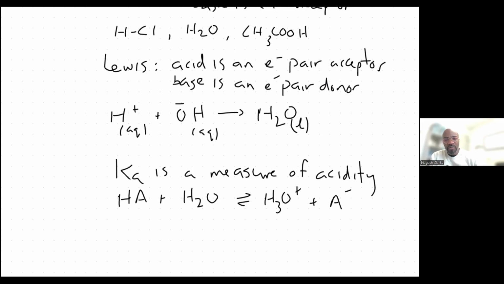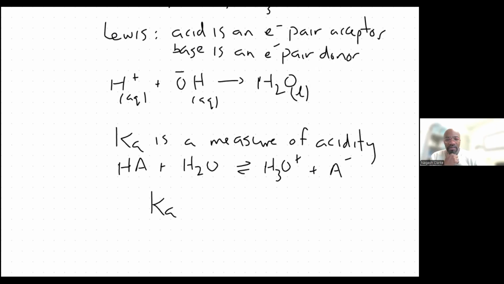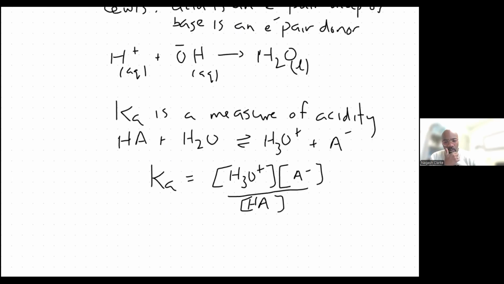So Ka we call the acid equilibrium constant. It's the concentration of your hydronium times your conjugate base over the concentration of the acid. So if we have a strong acid, you're going to have a lot of hydronium. So your Ka will increase with increasing hydronium. So that's a strong acid.